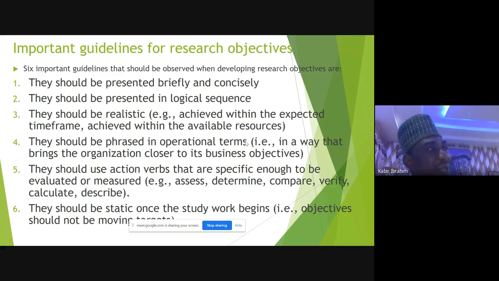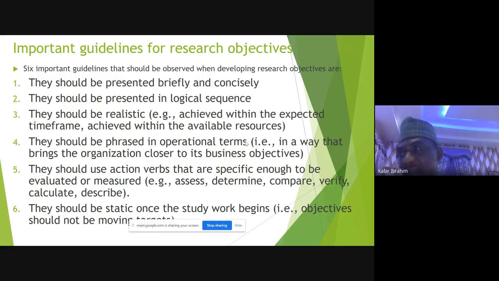So don't bring too many objectives that you cannot meet in the time, or something that you cannot easily finish in time. And within the available resources, do I have the resources to meet my target of achieving the objectives?